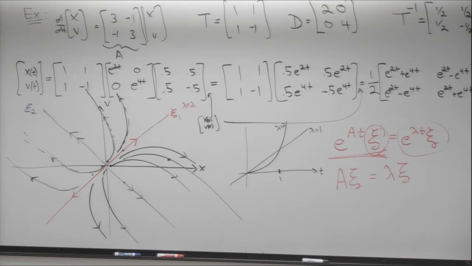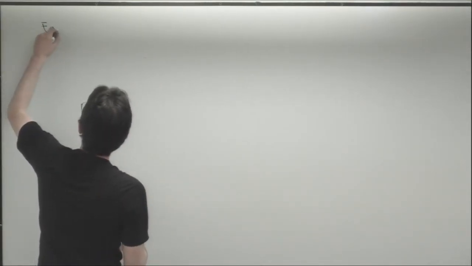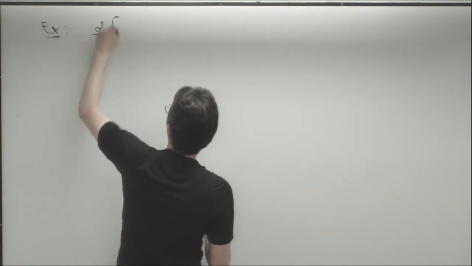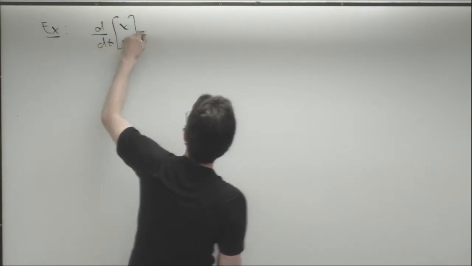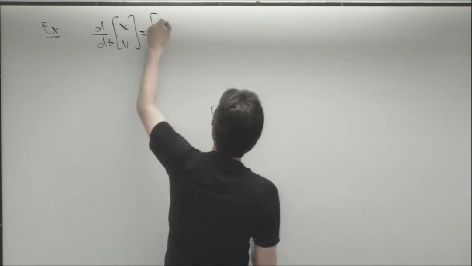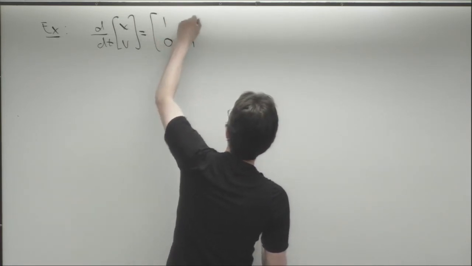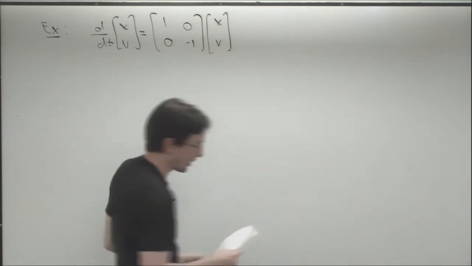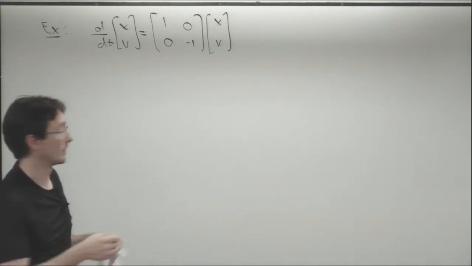Okay, so another example that I like to do, this one's a little simpler, is d/dt of x and v equals [1, 0; 0, -1] times x and v. Okay, so what's the solution to this differential equation?